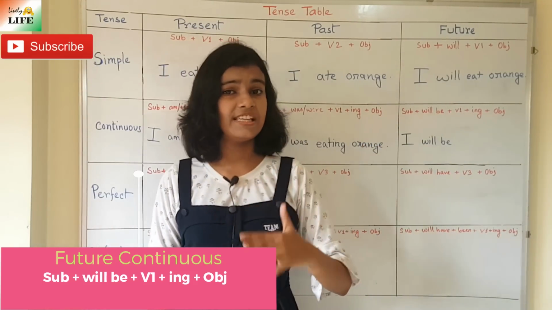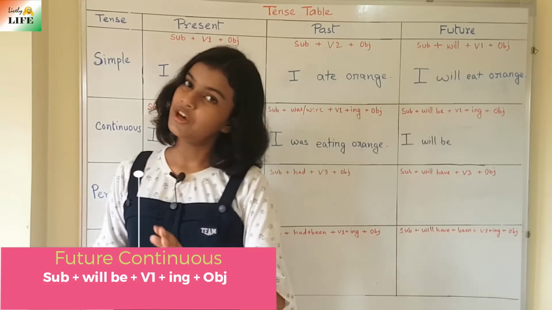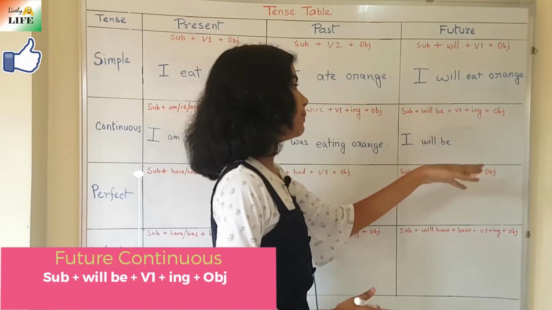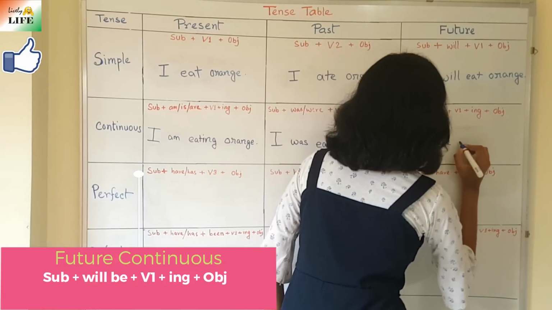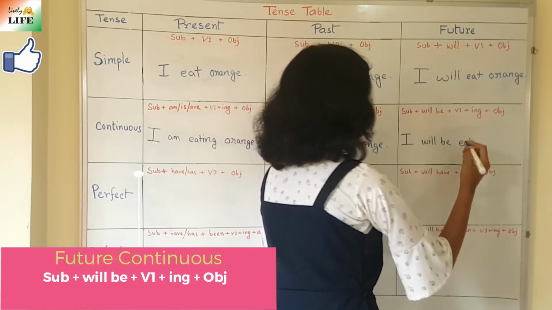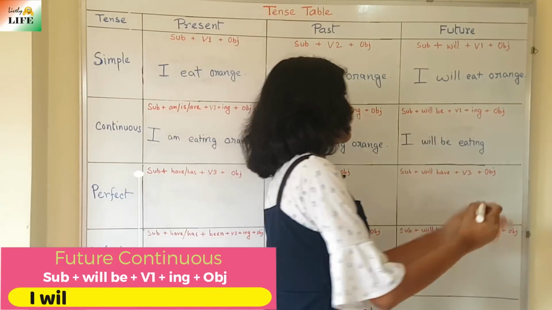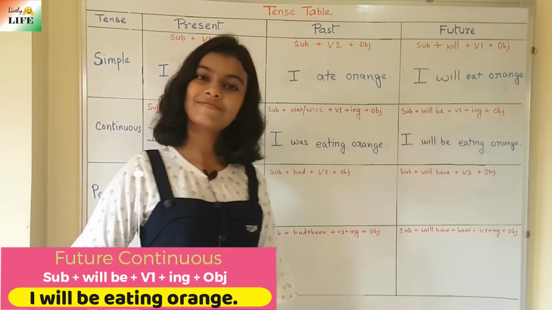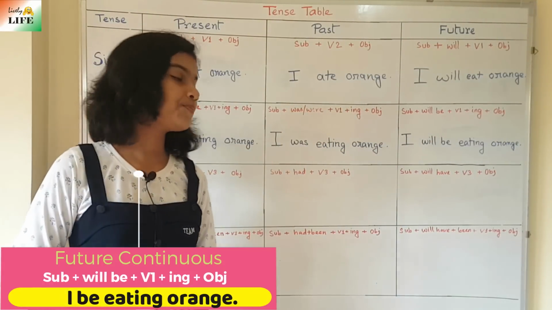For he, she, he will be, she will be, it will be, they will be. Okay, so for everything we use will be. I will be, then verb's first form. So eat, and then ing. Eating. I will be eating orange. Okay, this is in future continuous tense.